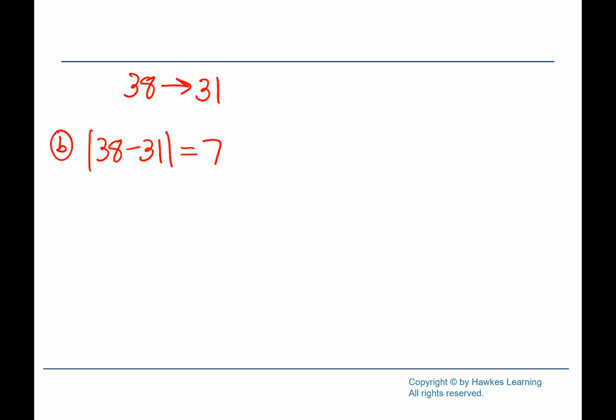But then to get percentage change, we're going to take our absolute change and divide that by the original number, which here is 38. And then change that to a percentage. So 7 divided by 38. That's 0.1842, and it goes on and on.